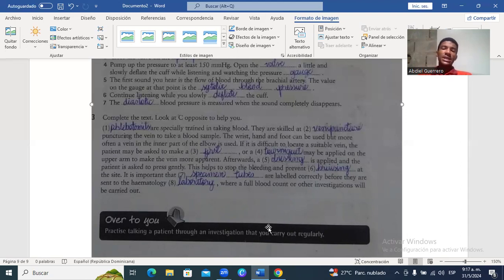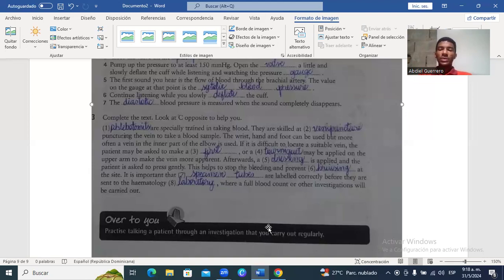If it is difficult to locate a suitable vein, the patient may be asked to make a fist. A tourniquet may be applied on the upper arm to make the vein more apparent.